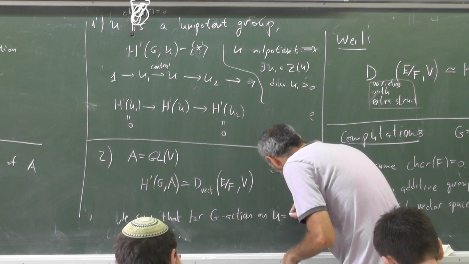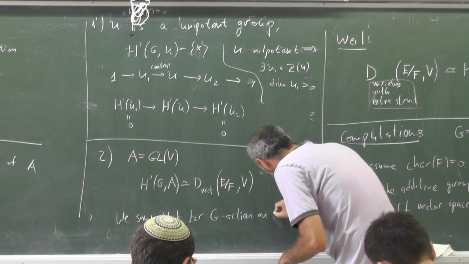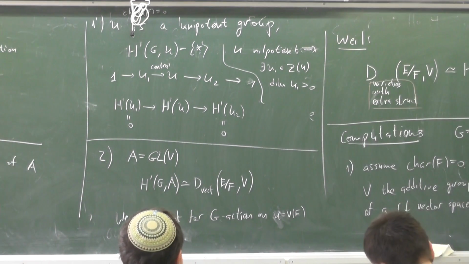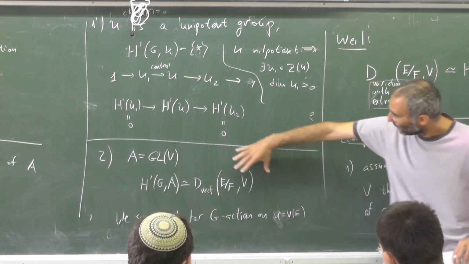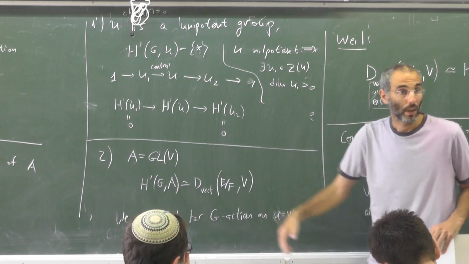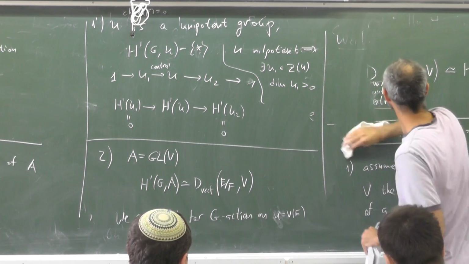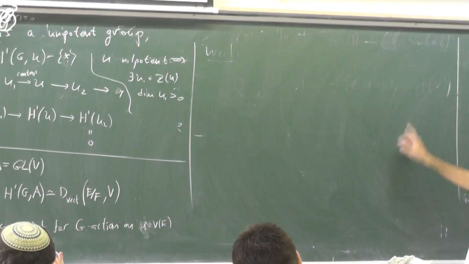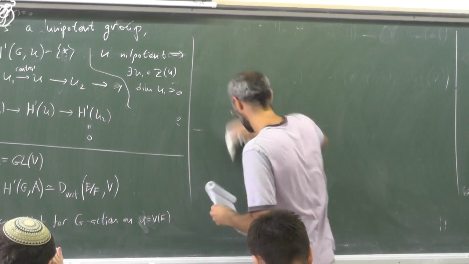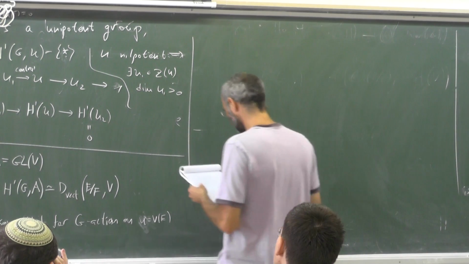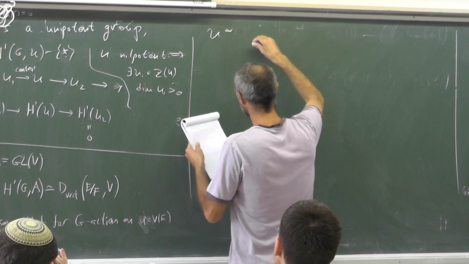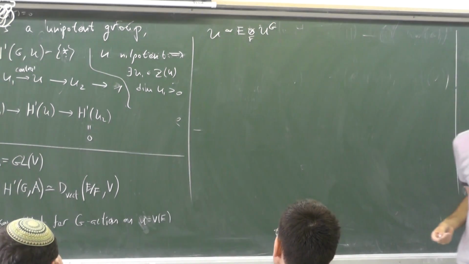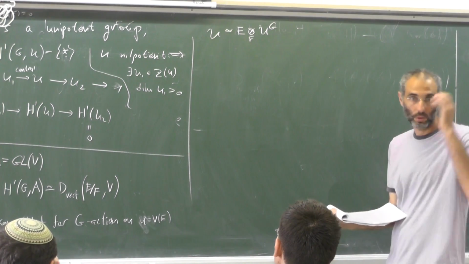Take U to be V or V and V. And now this studies G actions on such U's, and we've seen in the course of the proof, which I just erased, that U will be isomorphic to E tensored over F with the G-invariants, for whatever action of the Galois group on this vector space.